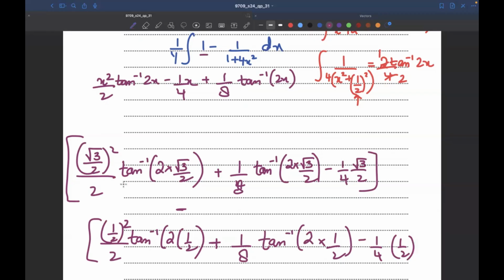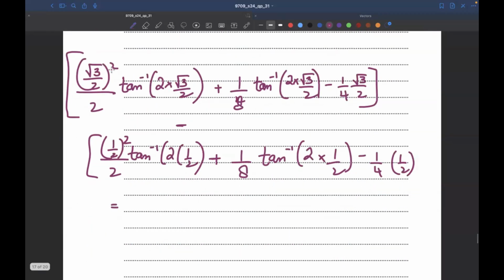Now substituting these in the calculator. So root 3 squared is 3 upon 4. So that will become 3 upon 8. 2 and 2 will cancel out. Tan inverse of root 3. So if we substitute this in the calculator in radian mode, tan inverse of root 3 equals pi upon 3.